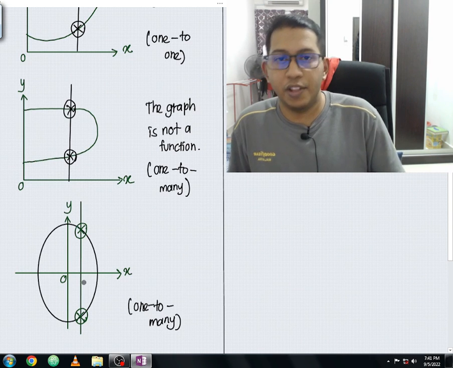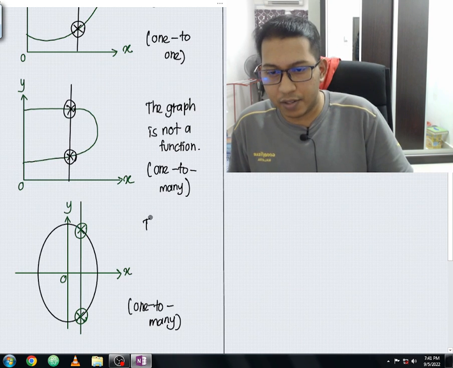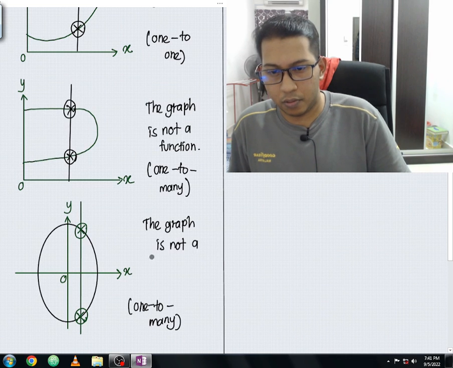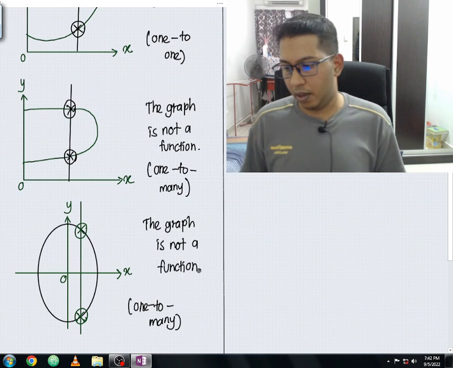Since it intersects more than one point at a time, the graph is not a function.